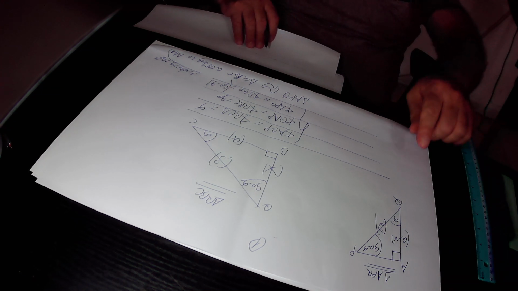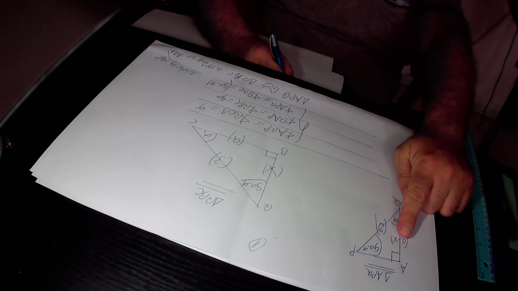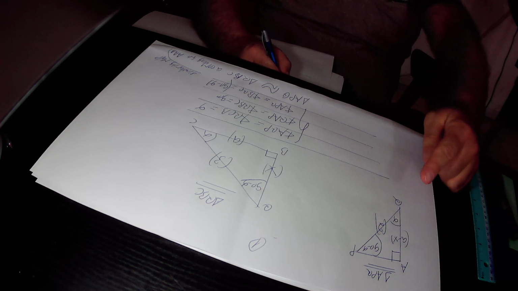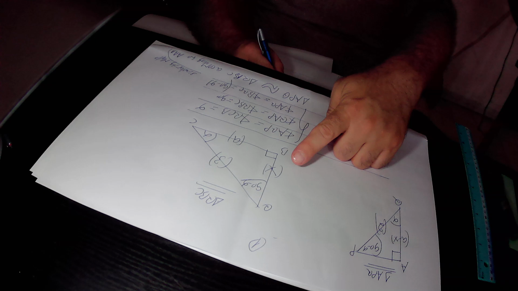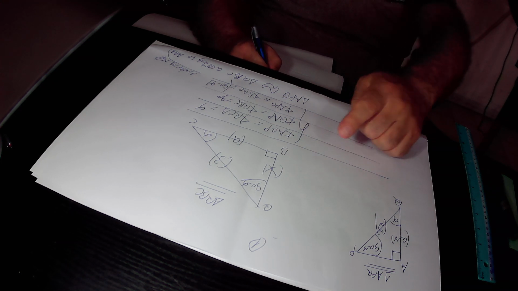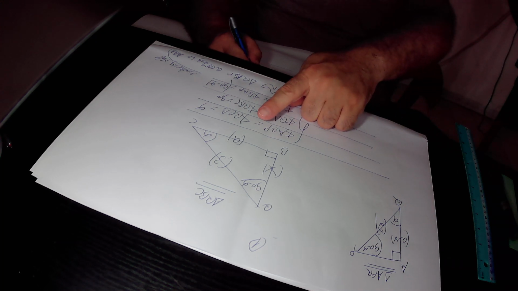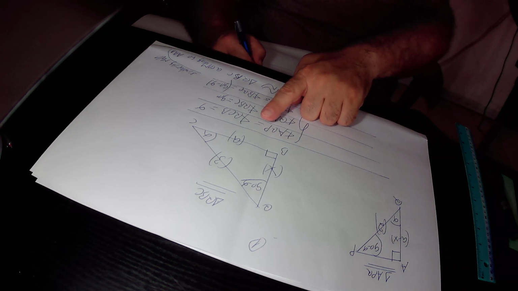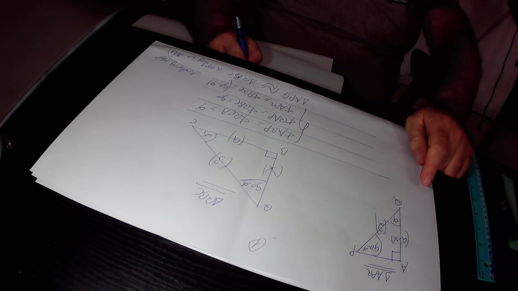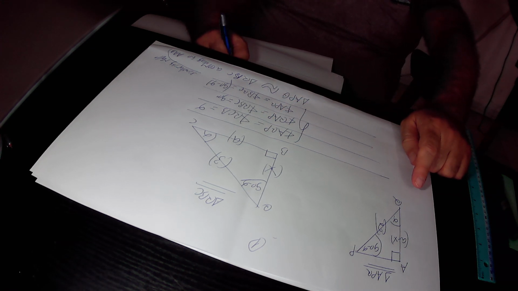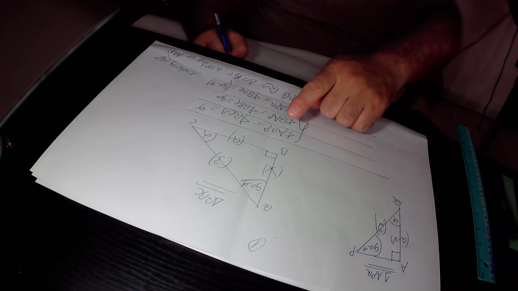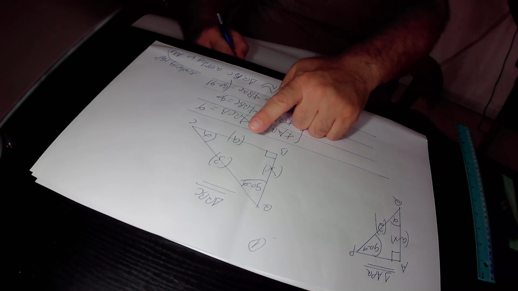We derive that side AP in the right triangle APQ over side QB in the right triangle QBC is equal to side AQ in the right triangle APQ over side BC in the right triangle QBC, and it is also equal to side PQ in the right triangle APQ over side QC in the right triangle QBC.